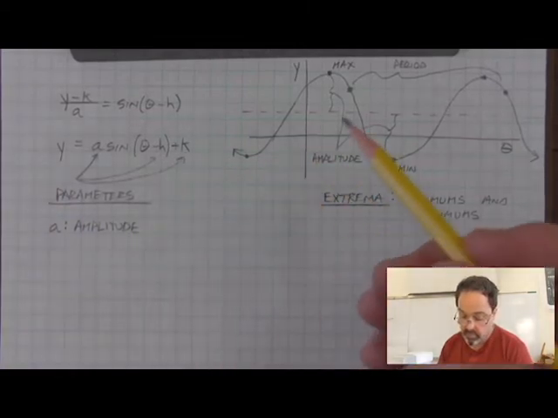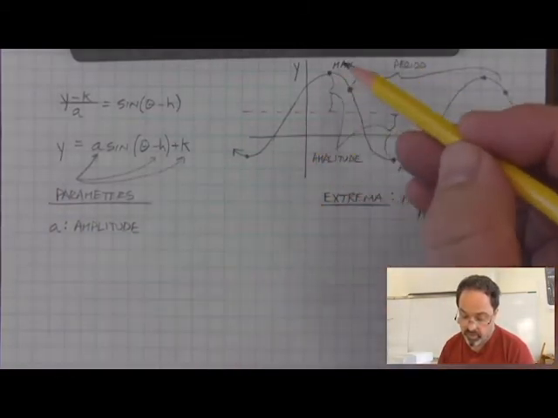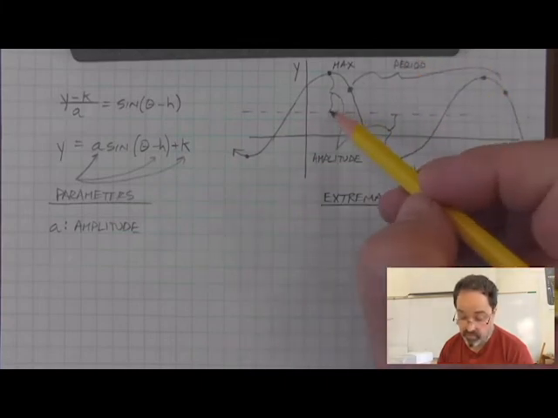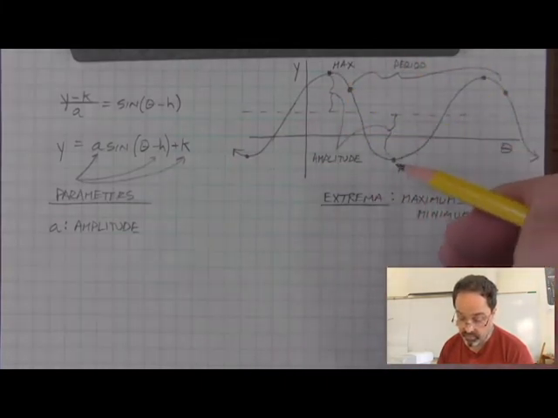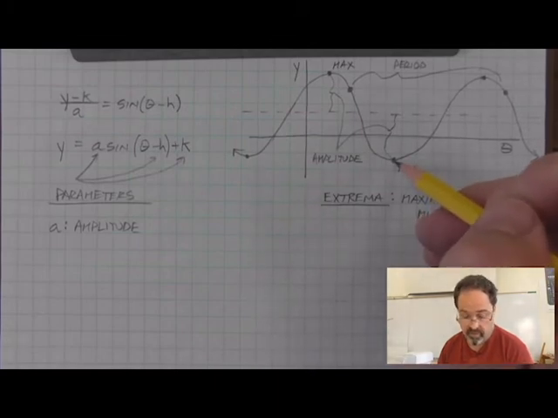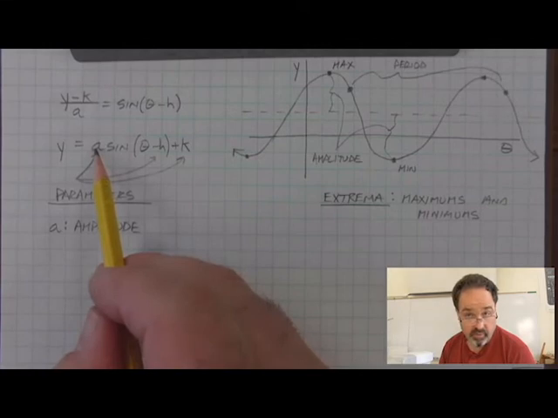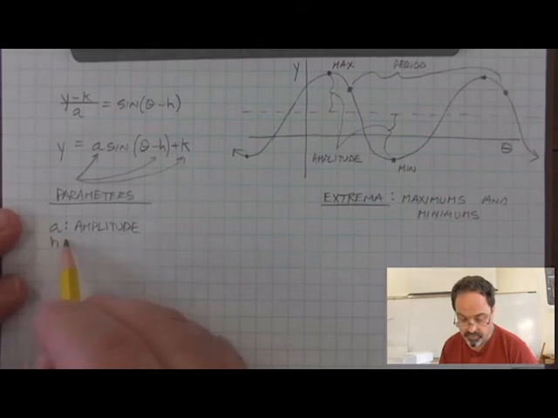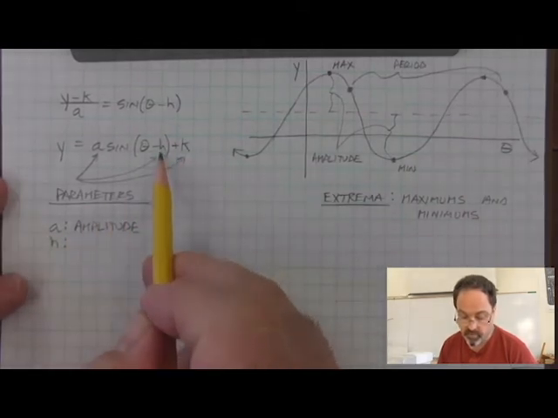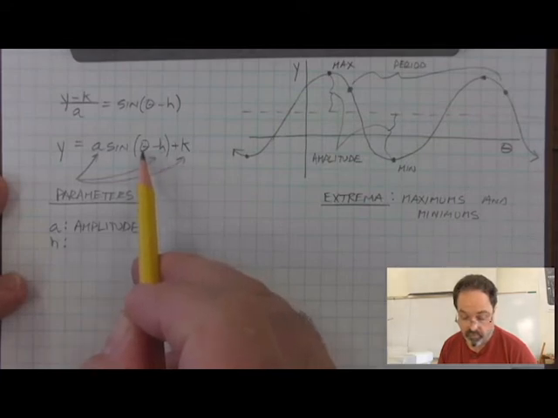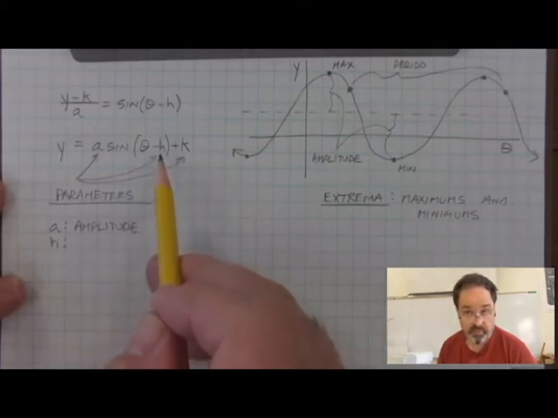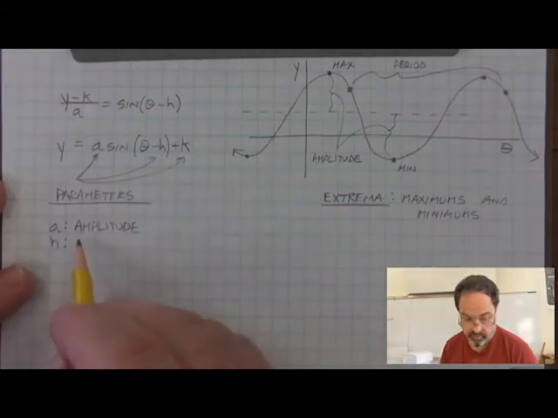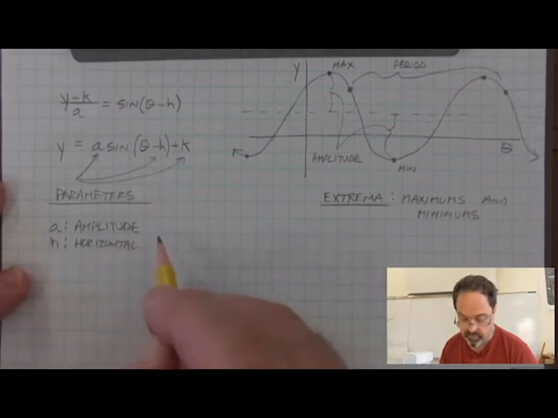Very directly, if we knew that the amplitude of this wave was 3, that would be the distance from the midline to a maximum, or from the midline to a minimum, the same value, 3, then the value for a in the equation for this wave would be 3. h, the number that we add or subtract to the horizontal variable, is the amount that we shift the function left or right. h is called the horizontal shift. And in some science applications, the horizontal shift might also be called the phase shift.